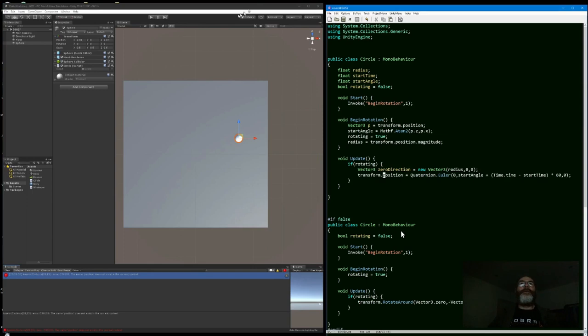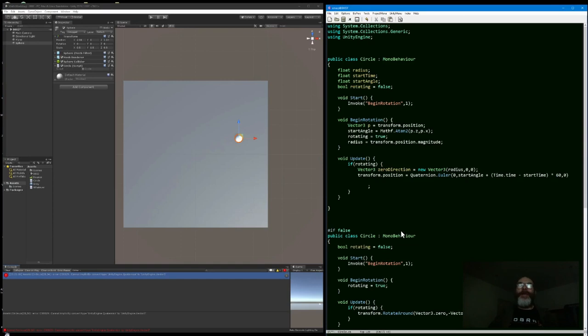And I've still got a problem. Transform position equals quaternion, no, because you cannot assign a quaternion to a vector. What I meant to do is rotate 0 direction.